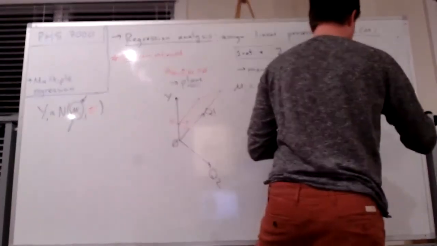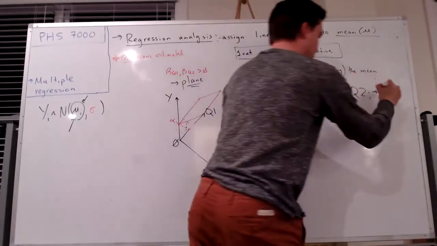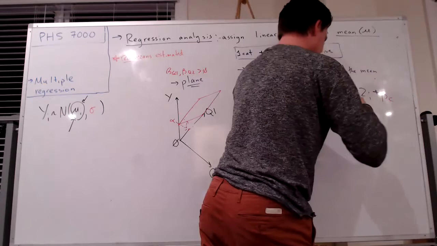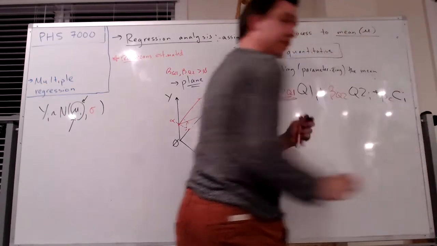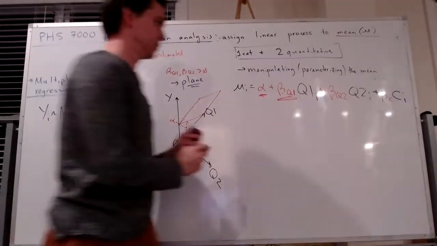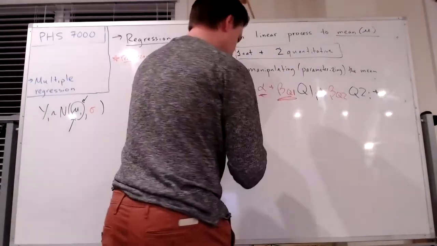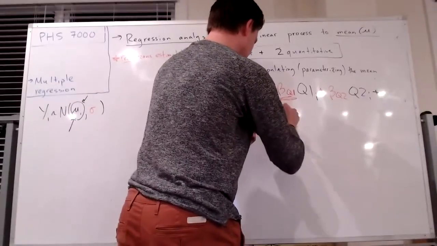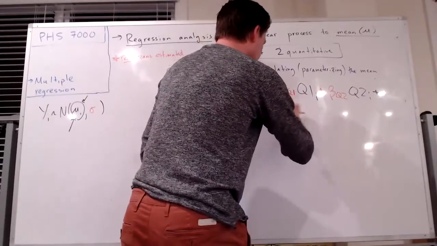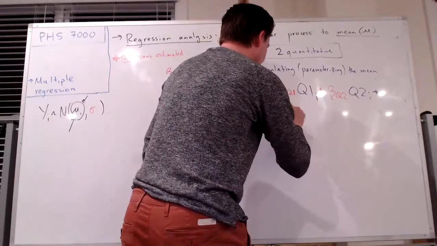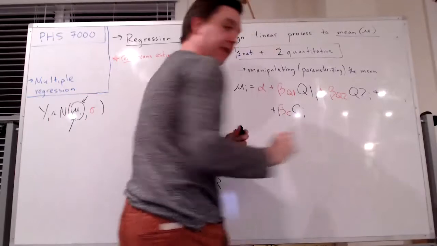Okay. I'm going to add beta C times C sub i. I'm going to rewrite that because you can't see it. Beta C times the categorical variable.